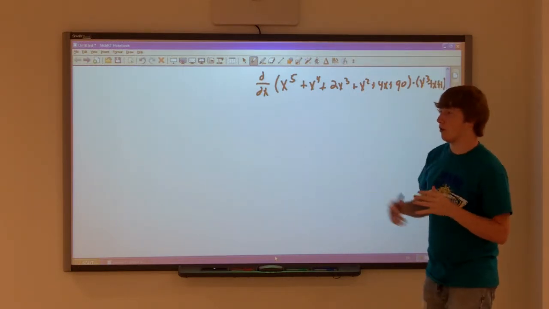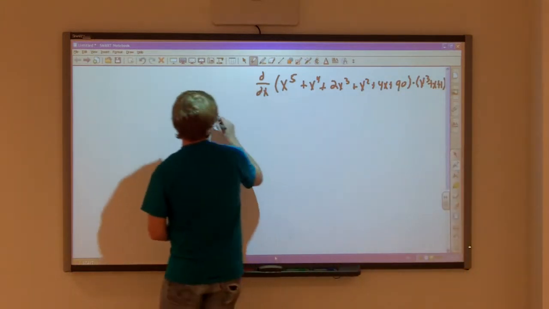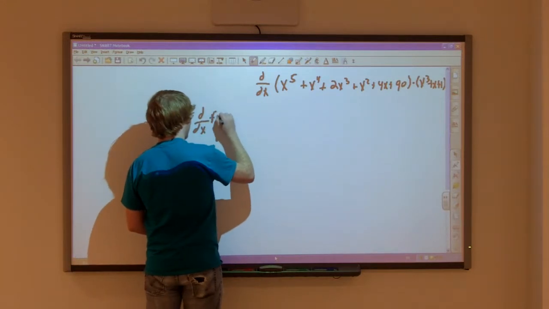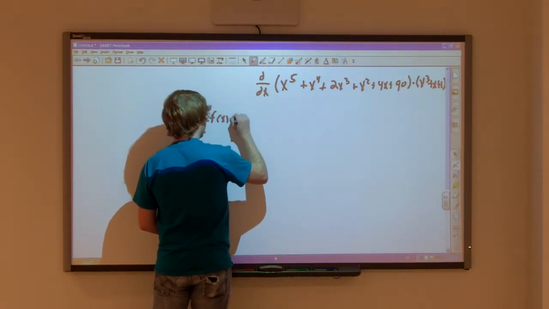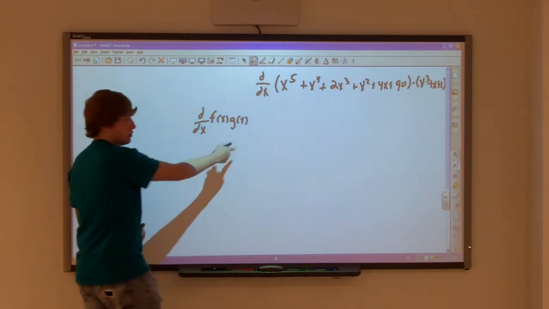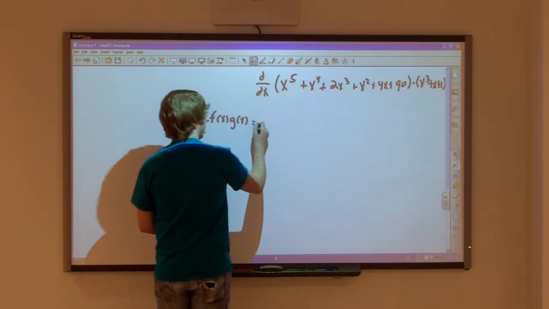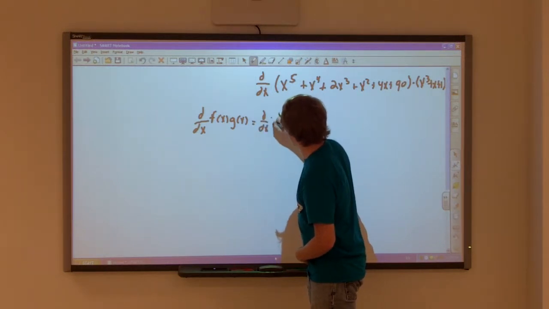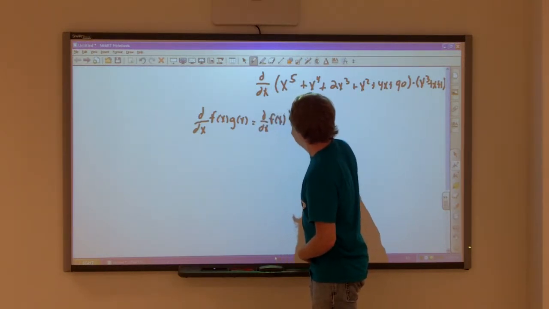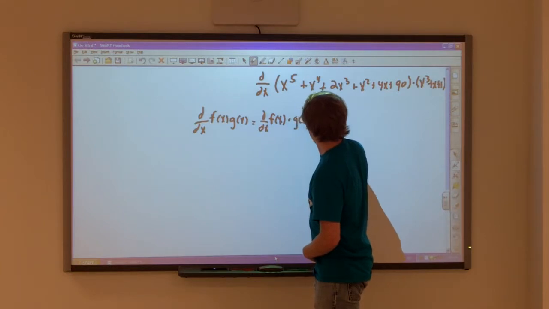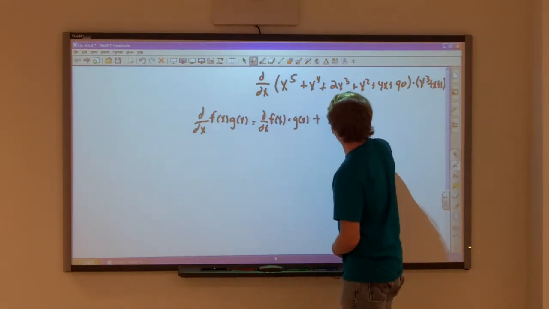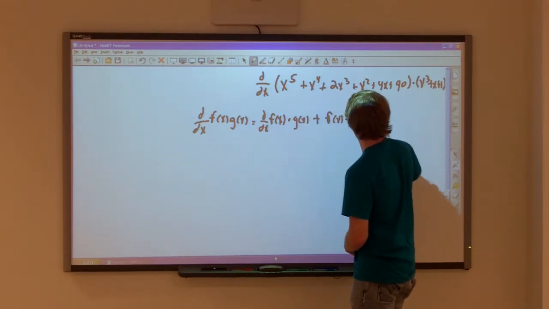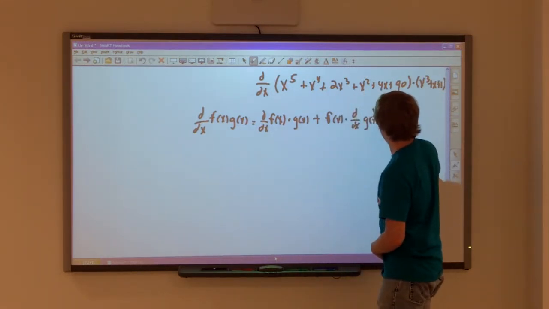But the correct form of the product rule is, if you want to take the derivative of some function f of x times g of x, so you have a product of two functions, that's going to be the derivative of f of x times g of x plus f of x times the derivative of g of x.